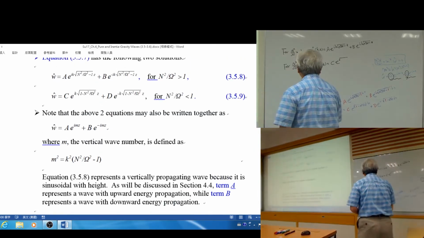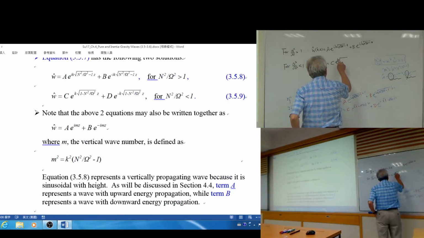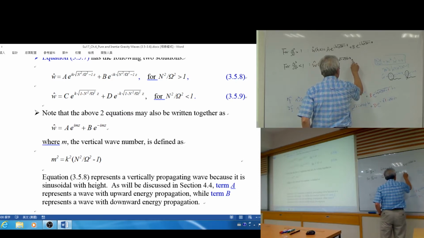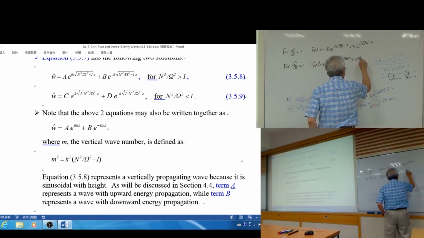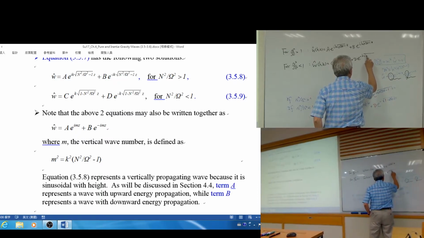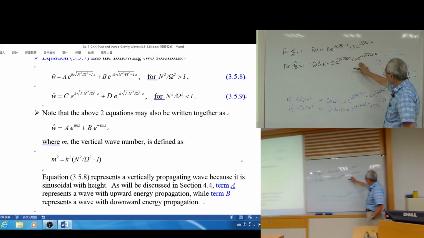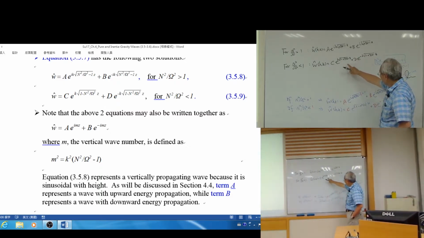So I have K here, and then 1 minus n squared divided by omega squared times G, plus D e to the minus K square root 1 minus n squared over omega squared times G. Okay. So in the vertical direction, it's not oscillating.